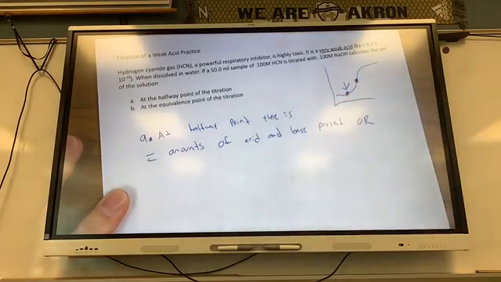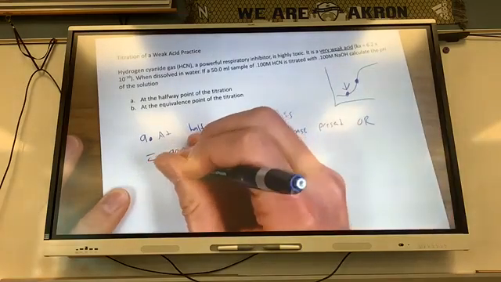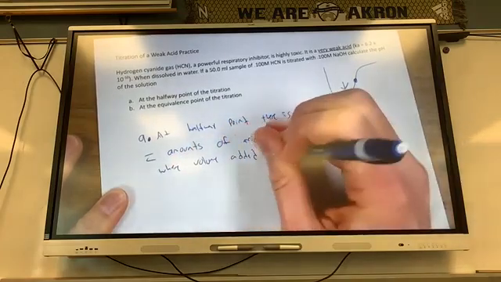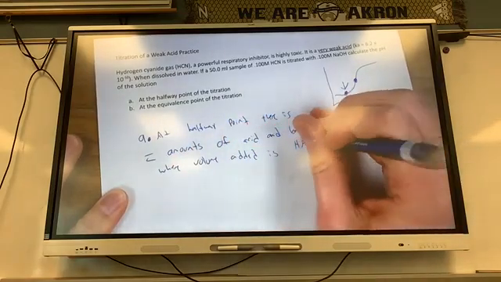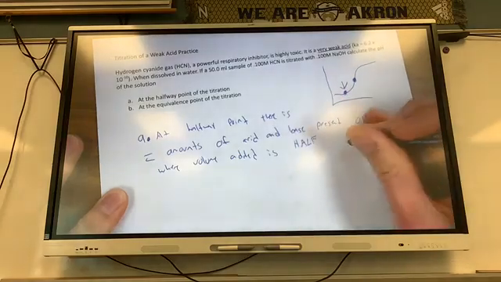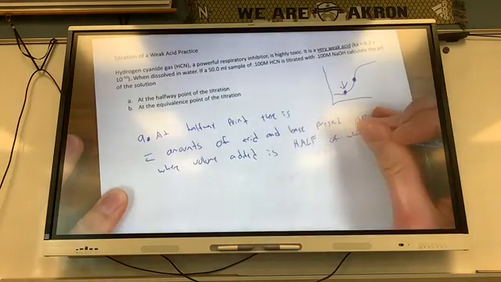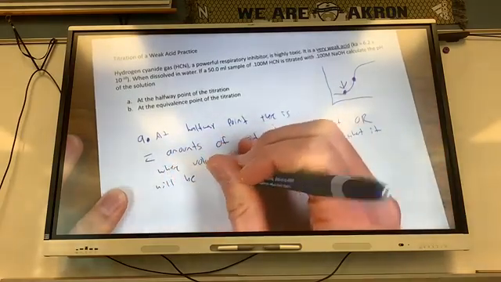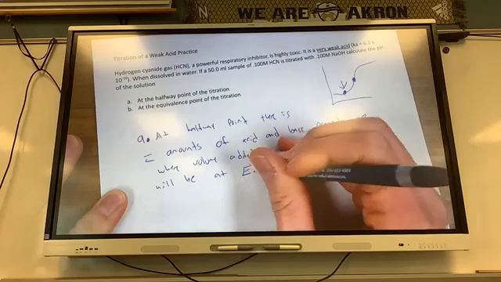Or, this is where the volume added is half, I know this is crazy, of what it will be at the equivalence point.